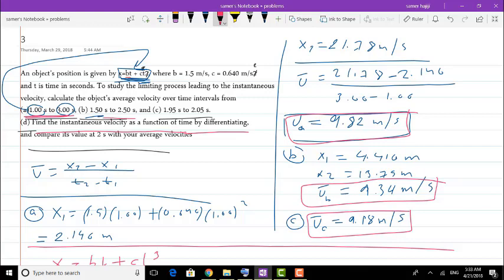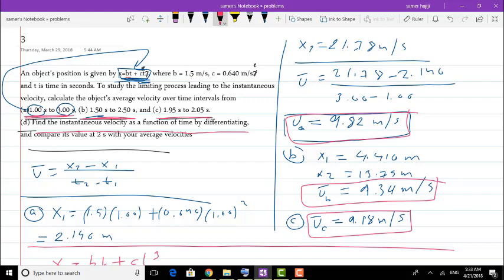And here the same, 1.5 to 2.5 seconds. And here is the same, 1.95 to 2.05 seconds. We can notice also that the time interval is decreasing as we go from A to C. So in A, the time interval is 2 seconds. In B, the time interval is 1 second. And in C, the time interval is 0.1 seconds.